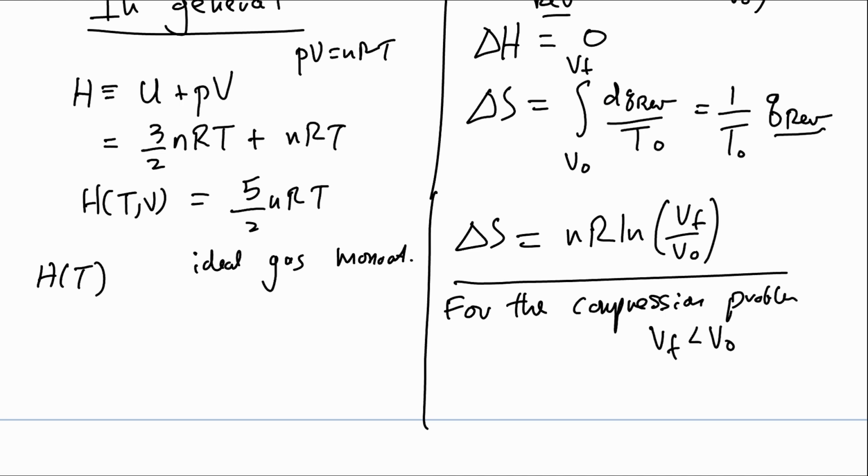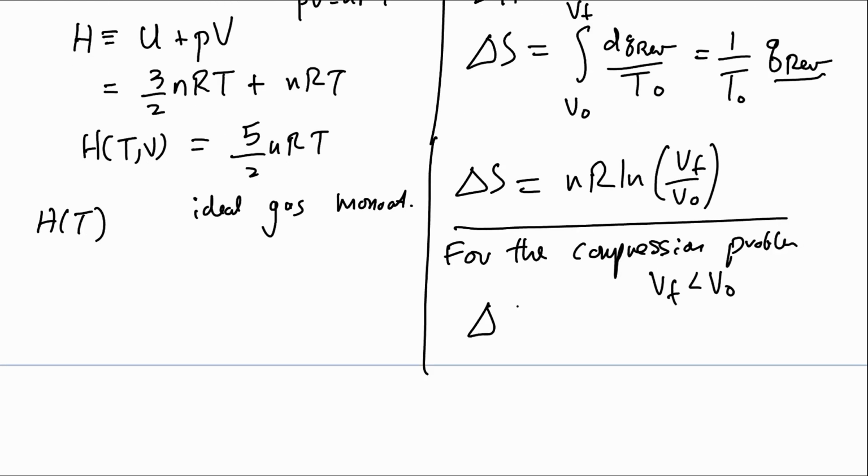And if I cram it into a smaller space, it's like cats in one room instead of in the whole apartment, the entropy is going to go down, right? If the temperature stayed the same but the volume got smaller, you'd say I think the entropy went down. But you feel uncomfortable about it because there's sort of the second law lurking around. But for compression, delta S is negative.